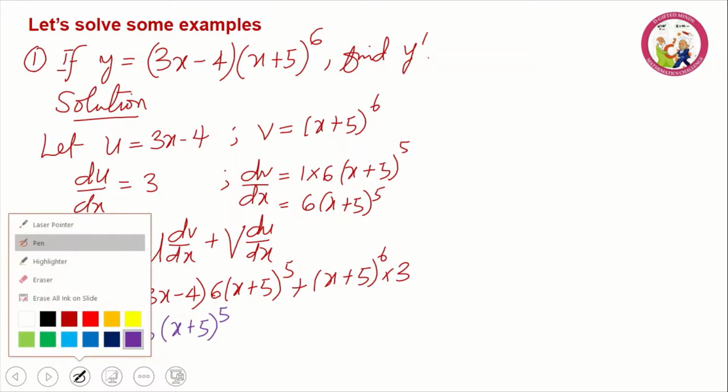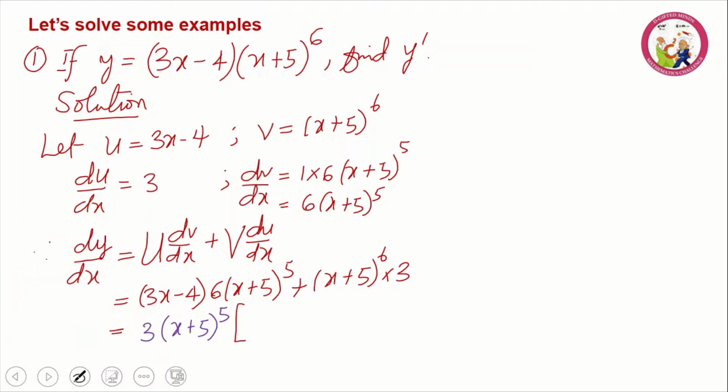That is common to both sides of the equation, so this will become 6 times 3x minus 4, plus x plus 5, because one of these is already out of the bracket. Okay, I hope you guys are following.